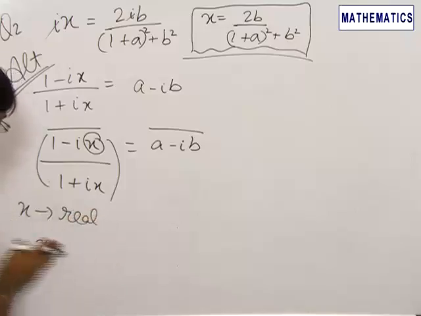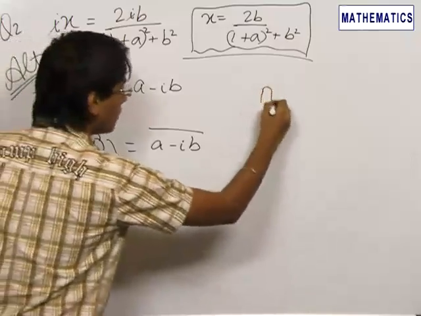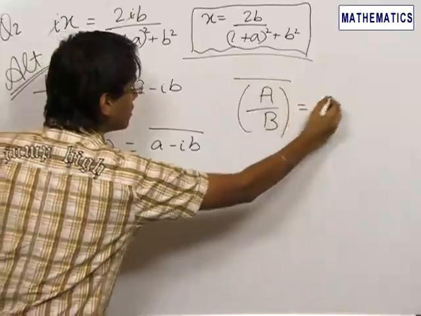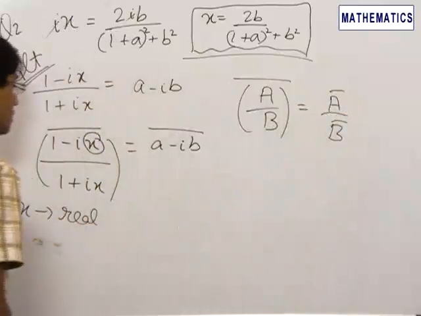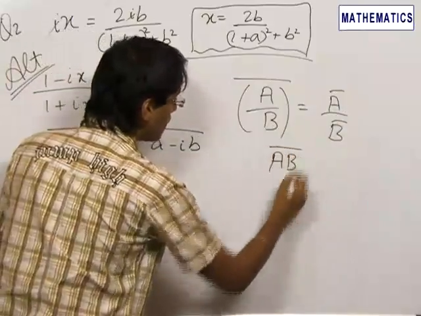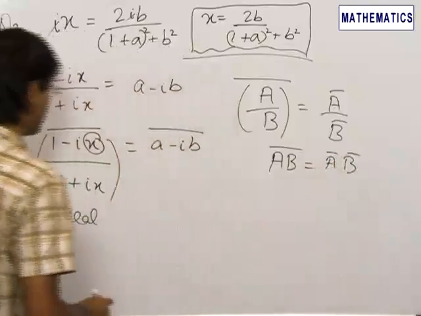And we know the property that (a/b) whole bar is equal to a bar upon b bar, and the property that (ab) bar is equal to a bar into b bar.